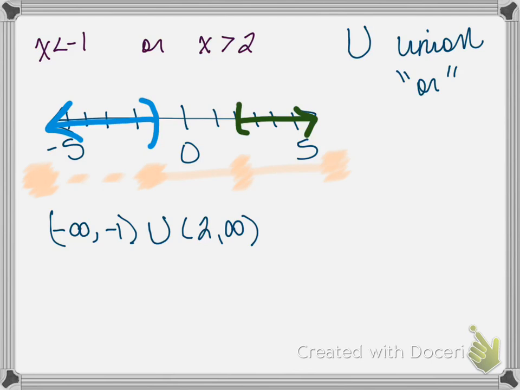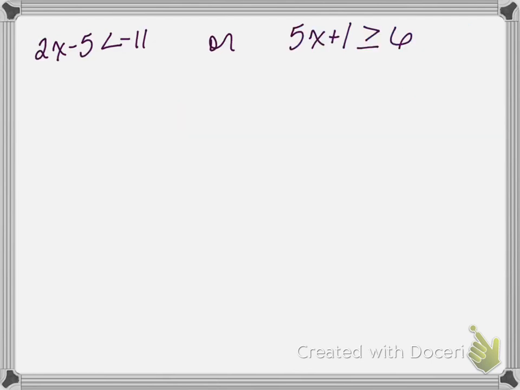We have time to do the last one. We ready? This is the same general thing. We just have to solve it a little bit. I am still using the word or. So what I've got to do is solve both of these. I add 5 to both sides.